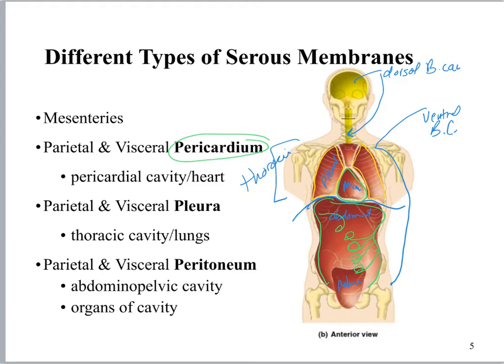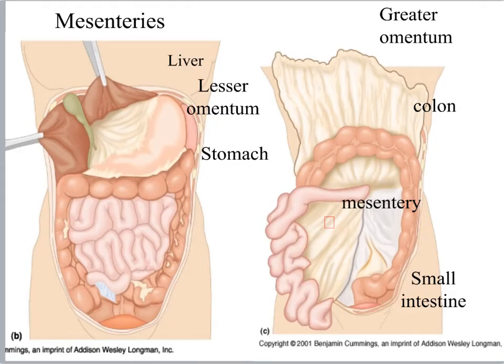All right, let's look at another picture. So in this picture, what we're trying to do is show you the peritoneum a little bit better. So this right here is the greater omentum. This is your transverse colon. And what I want you to do is take your hands and find your ribs. And then kind of go down until you can do just a straight horizontal line at the base of your ribs.